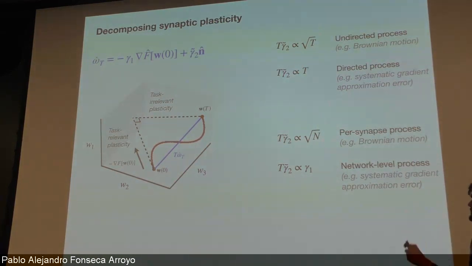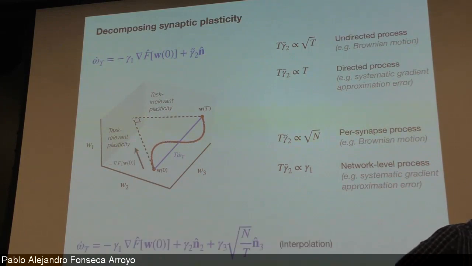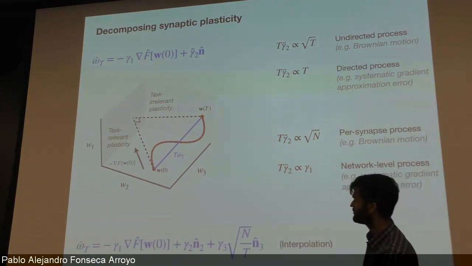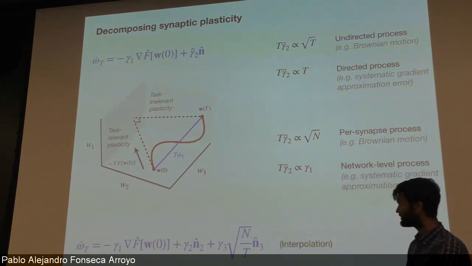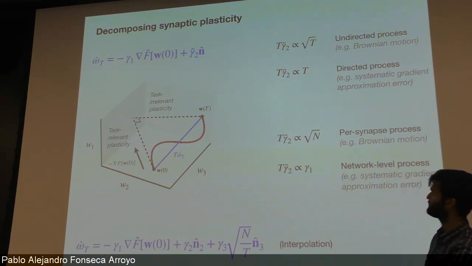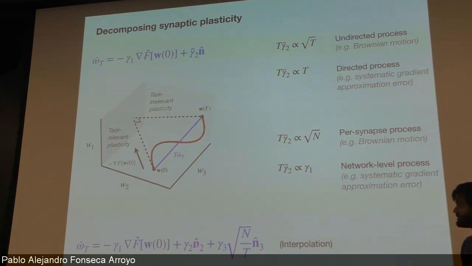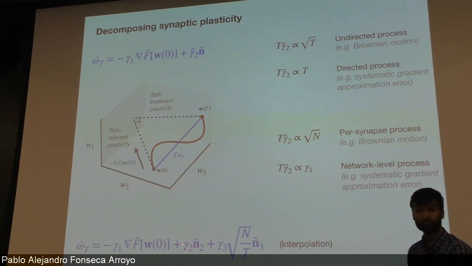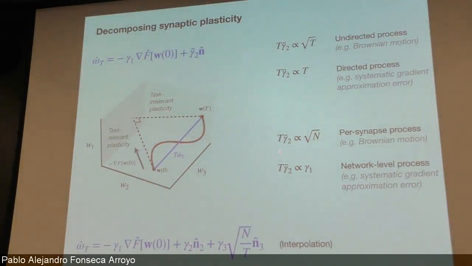So these are all extremal cases. But I'm going to put my overall expression for the interpolated synaptic update as a combination of these extremal cases. So I'm going to decompose this task irrelevant plasticity into two terms. This term is one that's linear in time and doesn't scale with the number of synapses.